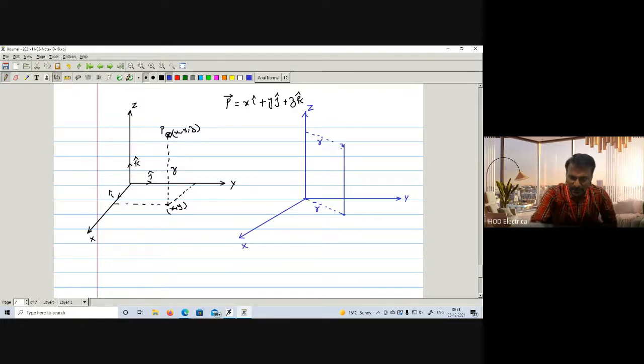By representing this, if we draw one circle, here also we can draw one line, and we can form one cylinder. So this is the radius.